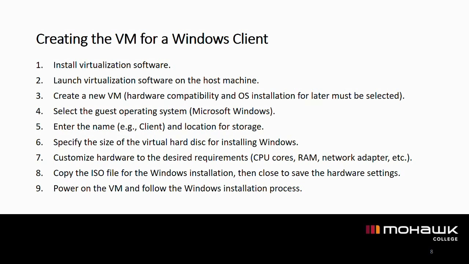We have to enter the name for the virtual machine and the location for storage. We can consider client. Then we have to specify the size of the virtual hard disk for installing Windows.